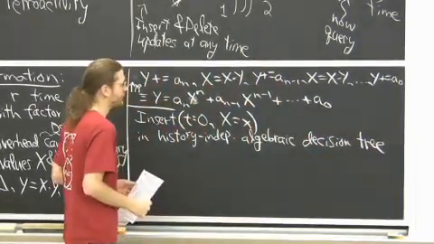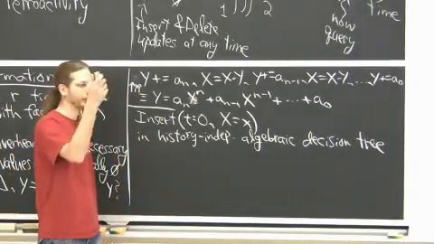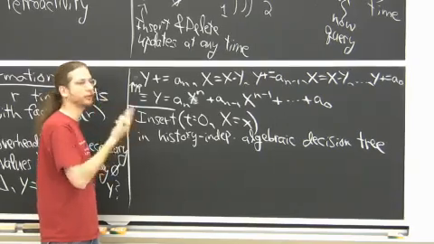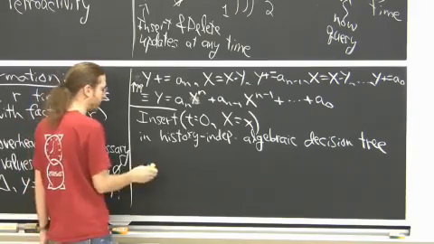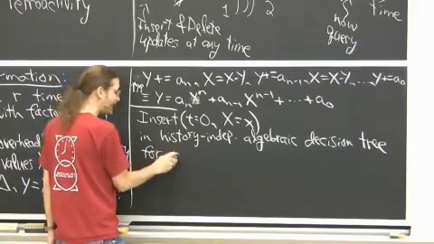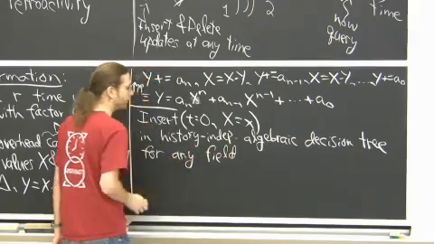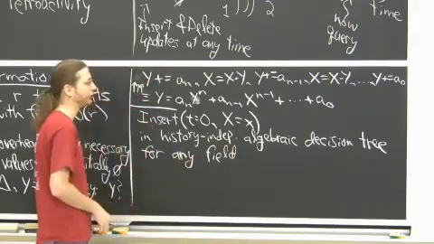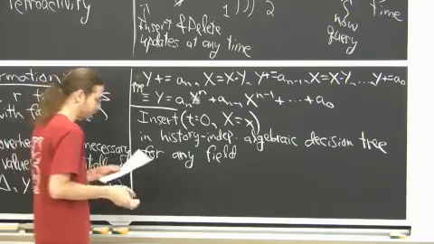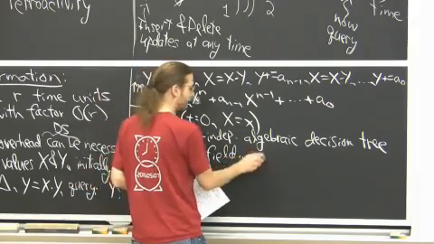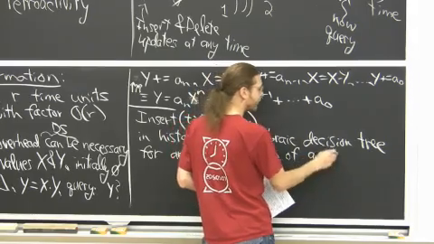Anyway, you draw a tree of all the possible things you could do, and the things you can do are additions, multiplications, subtractions, divisions, all field operations. So for any field, so this would work with reals, and should also work for integers modulo p. Any field, and the interesting part is independent of pre-processing of the coefficients.